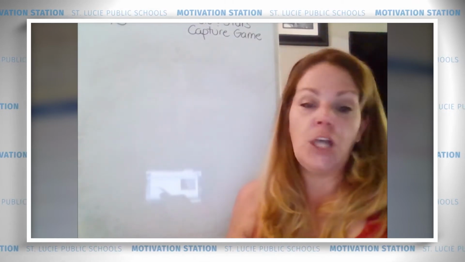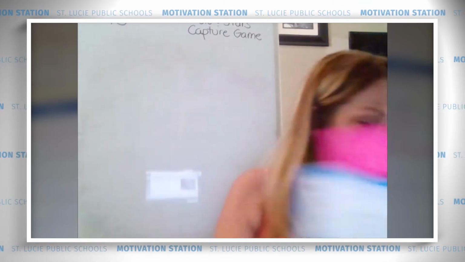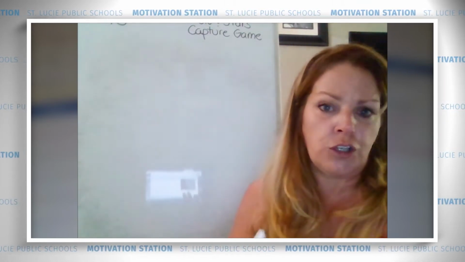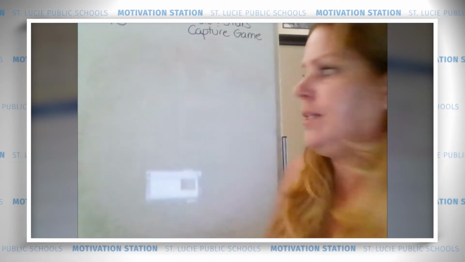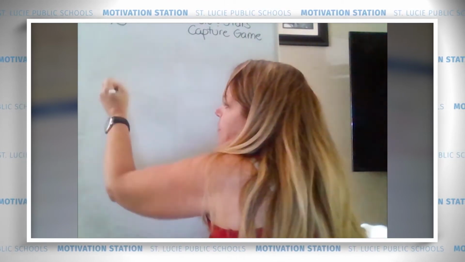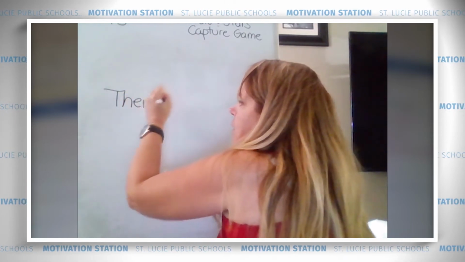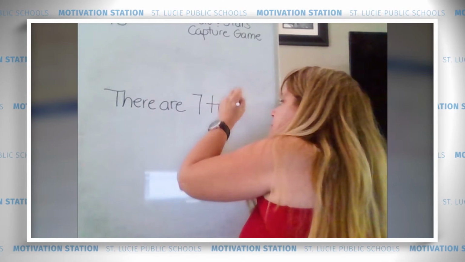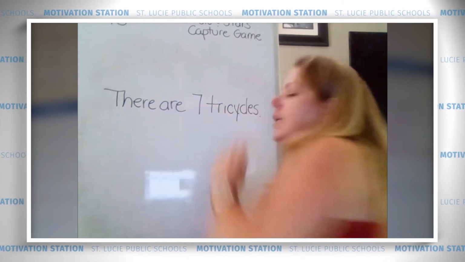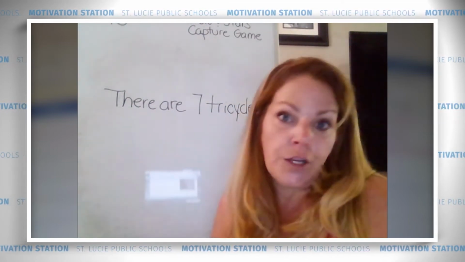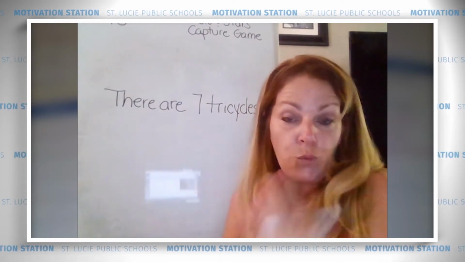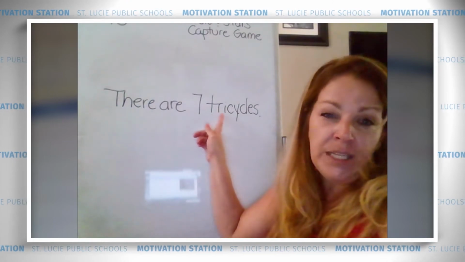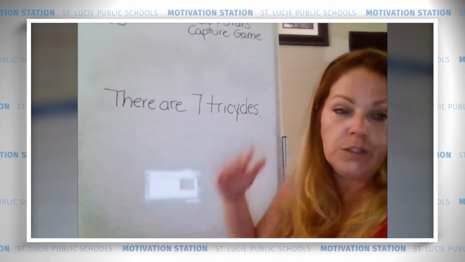All right. So our first step is to read the word problem. I'm going to go ahead and write the word problem on the board because we're going to use that same structure of a word problem throughout today's lesson. So there are 7 tricycles. Now remember, tricycles is on our things that come in groups of 3. 3 wheels on a tricycle, and last week we talked about that prefix tri meaning 3, and that actually means 3 wheels, okay?